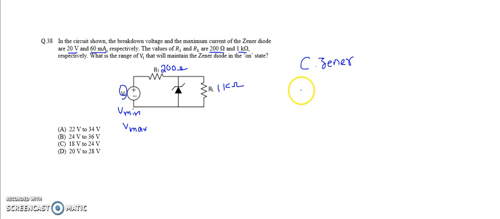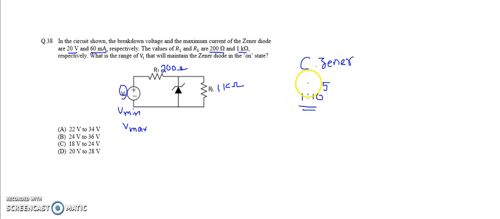In the Zener diode, the doping concentration ratio is 1 is to 10 power 5. What it means is that for every 10 to the power of 5 intrinsic semiconductor atoms, we dope one impurity atom.